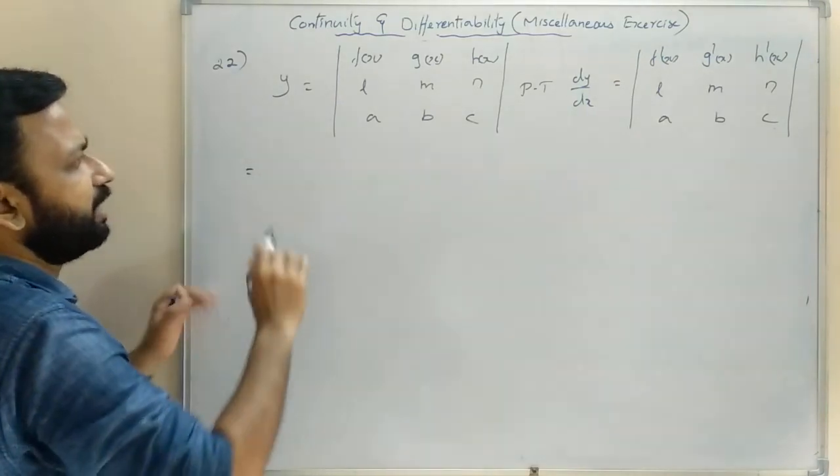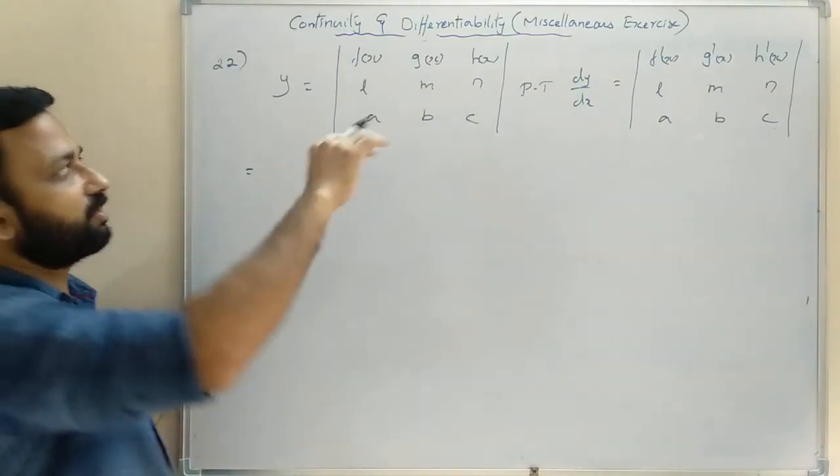We can find the determinant by expanding the first row.